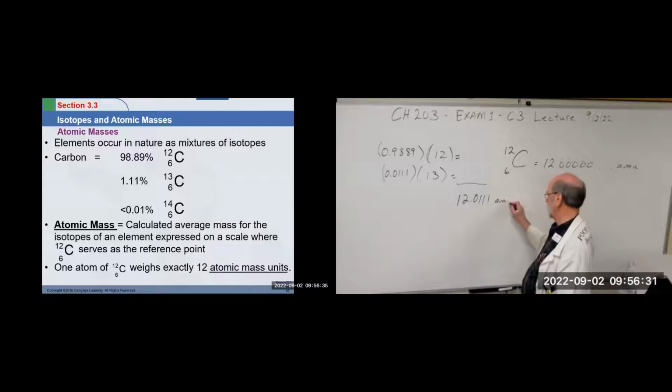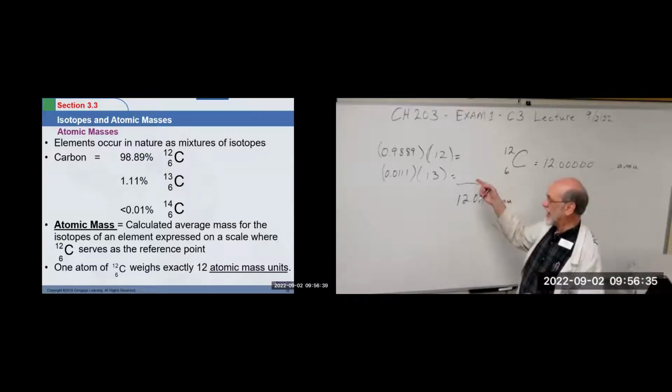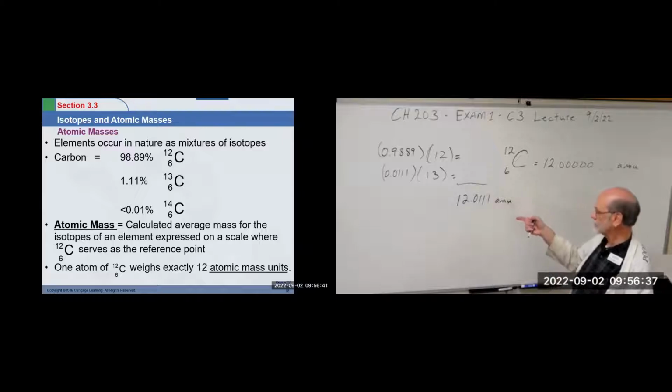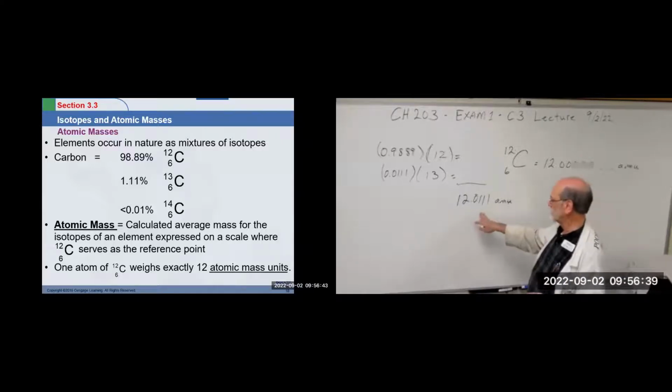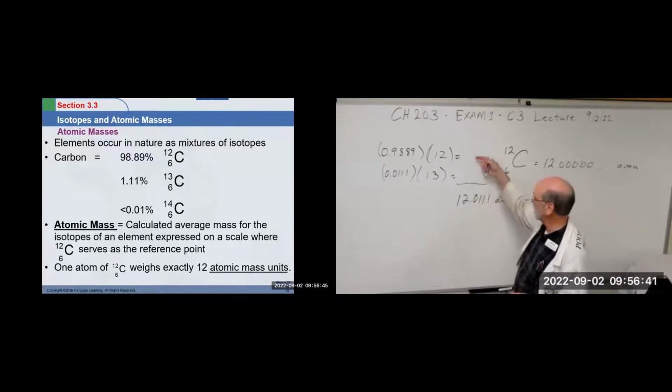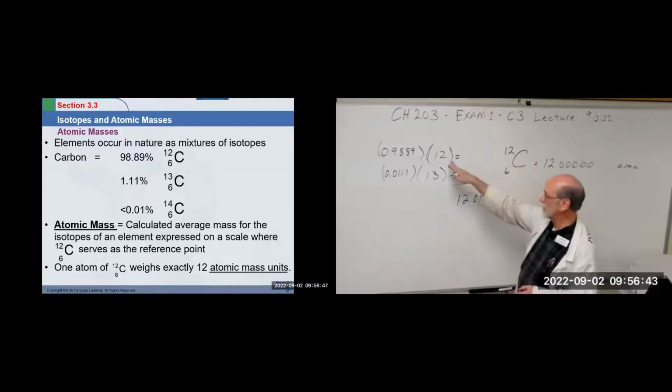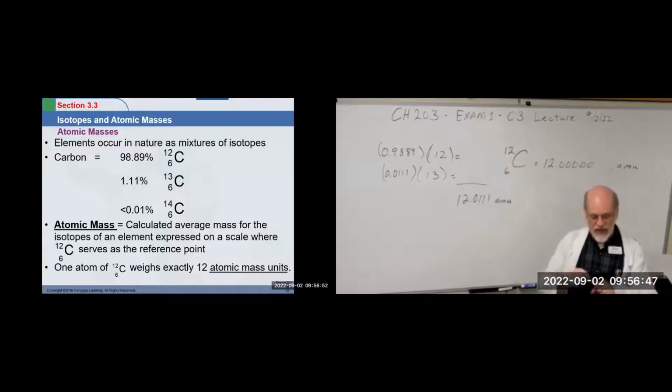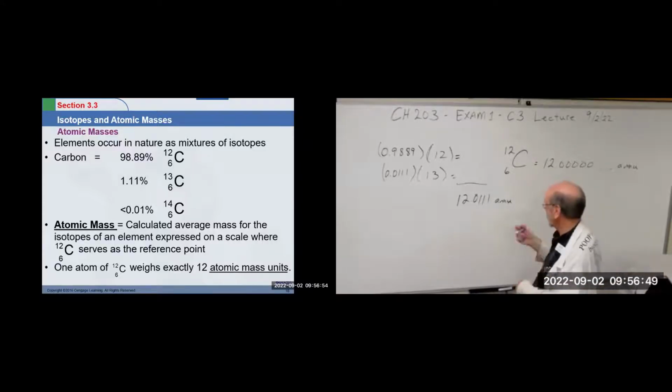Atomic mass units. Okay. That is the sum of these calculations here. Whatever 12 times that and 13 times that, add them together. That's the atomic mass.